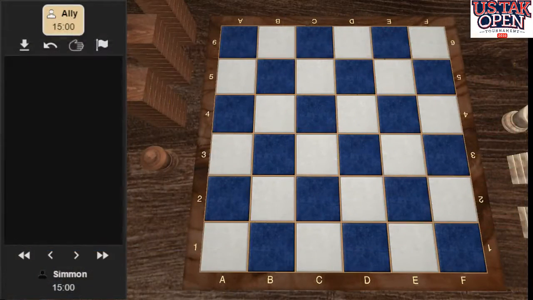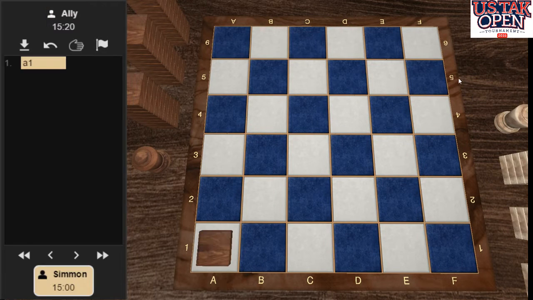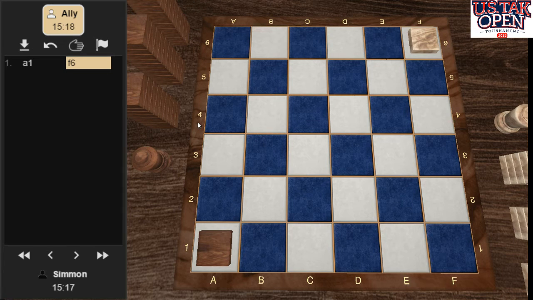And of course, in this game now, Ally gets the white pieces. All right, so Ally is bringing us down. Oh, we have an opposite corner opening.